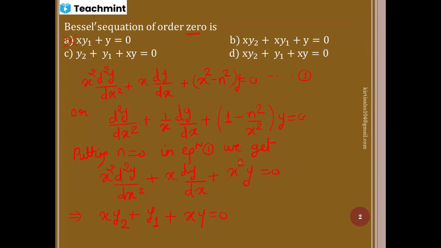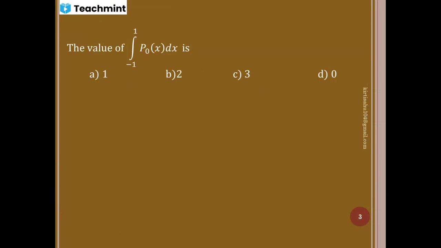The next question: what is the value of the integral from -1 to 1 of P0 of x? This we want, right? So how do we get this? Here we have 2 different options which will help us to get the value.